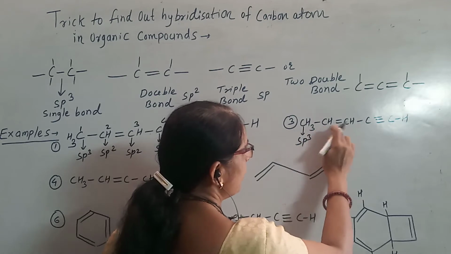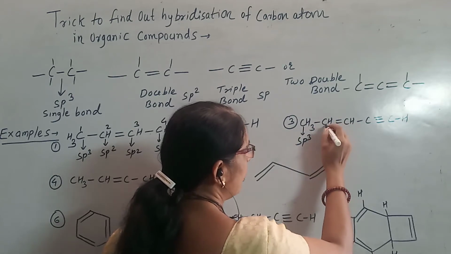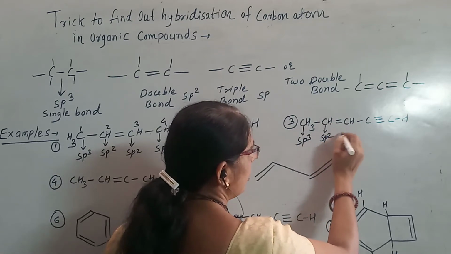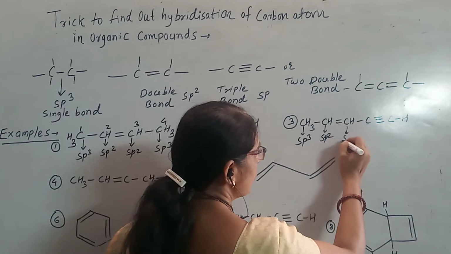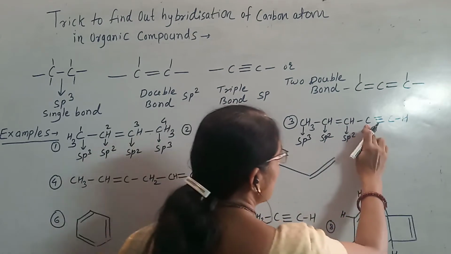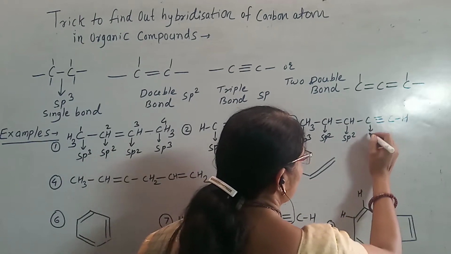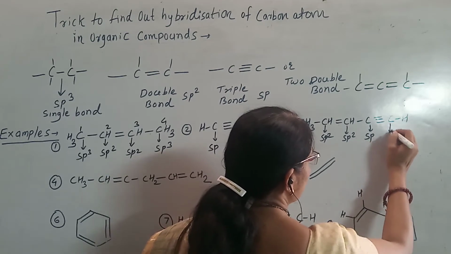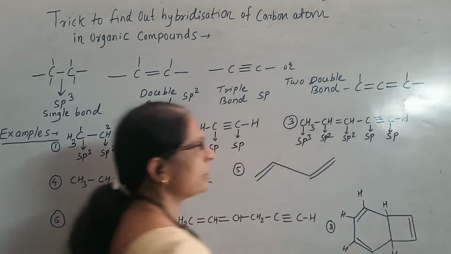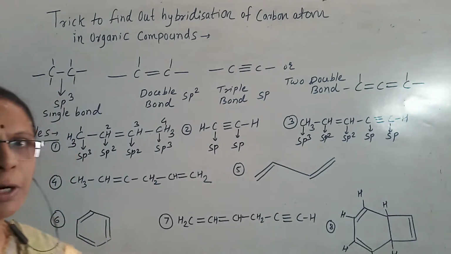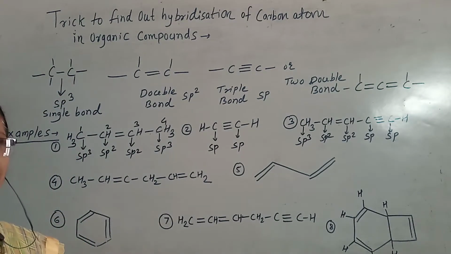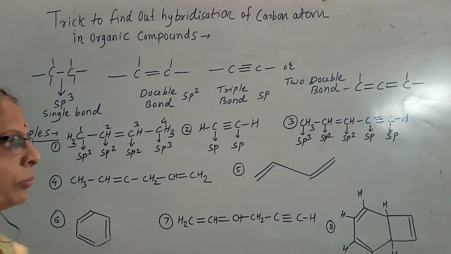This carbon is bonded with a double bond and a single bond, so sp2. This carbon is bonded to one double bond, so sp2. This carbon is bonded to a triple bond, so it is sp, and this carbon is also sp. In this way, we can write the hybridization of each carbon by looking at whether it is bonded with a double bond, single bond or triple bond.